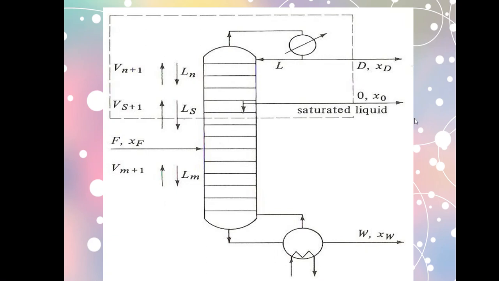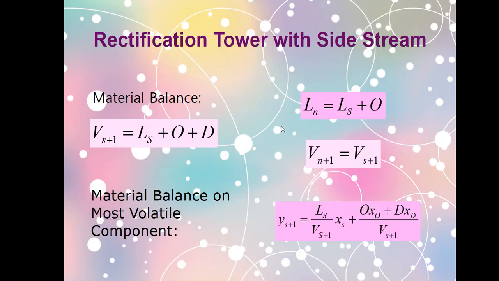So, it depends on what particular section you want to do material balance on, actually, when we are considering distillation with side stream. Then, you can also have material balance on the most volatile component based on this particular material balance that was done on the box.